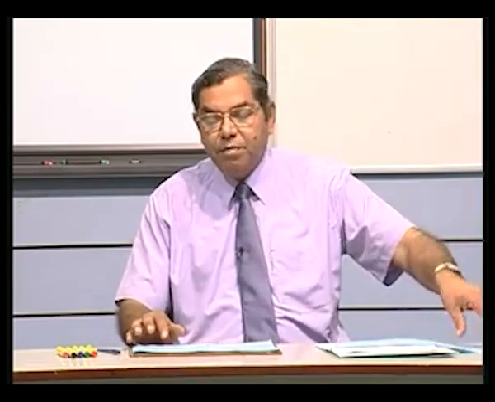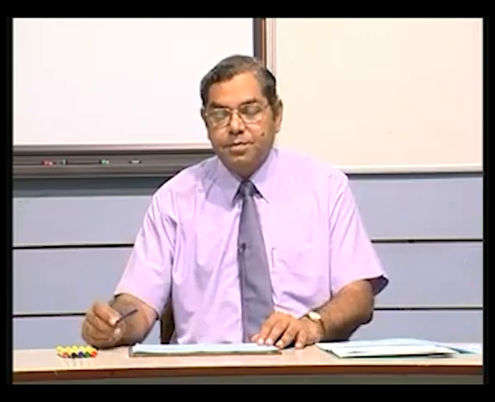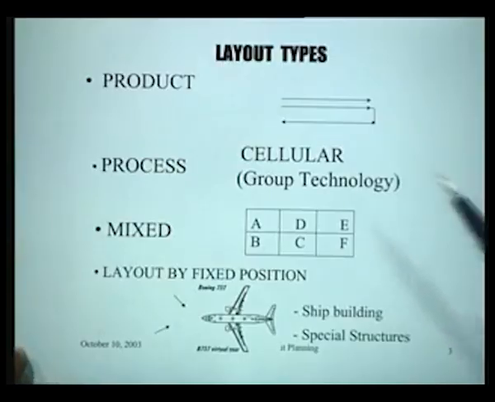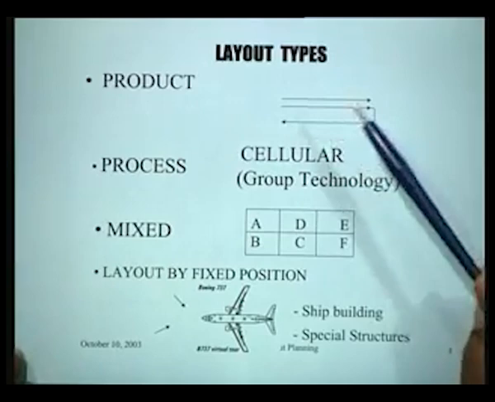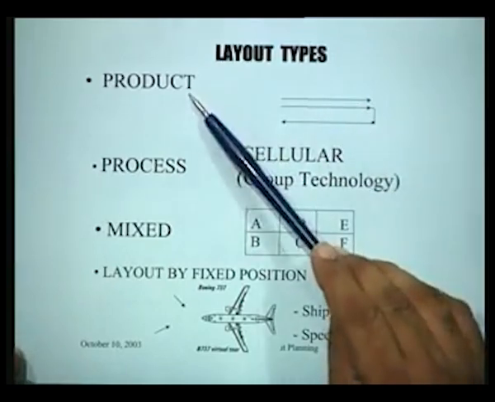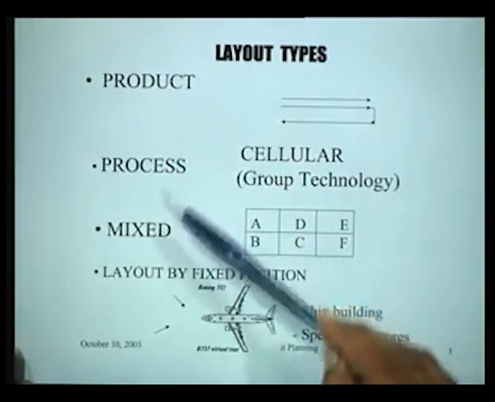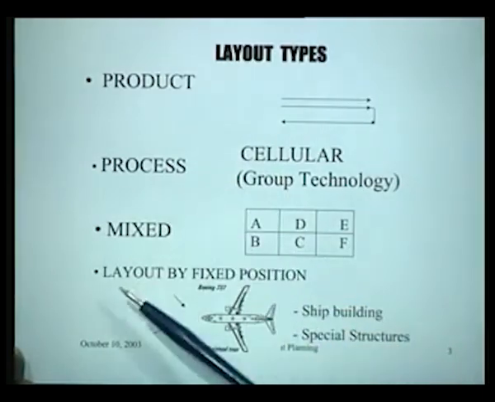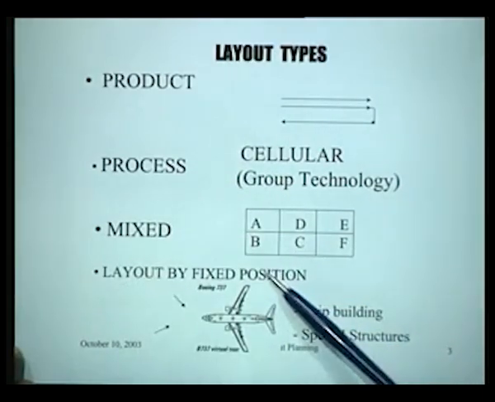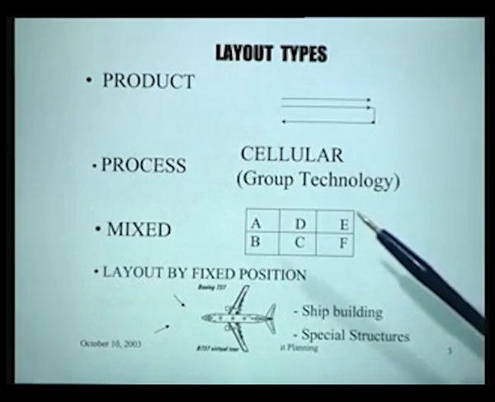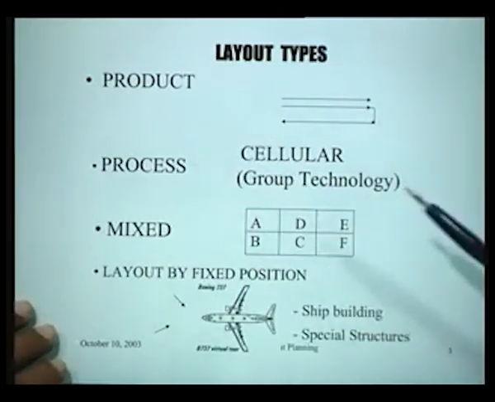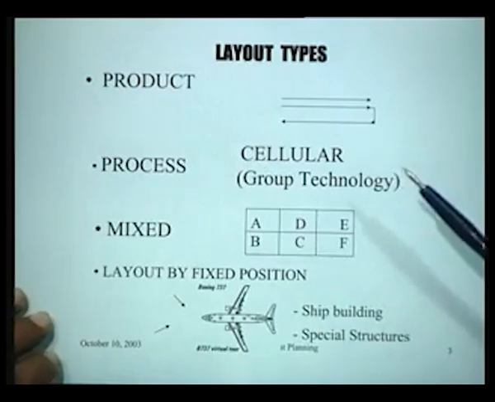Let us have a brief idea about different types of layout. Broadly speaking, we can talk about a product layout, a process layout, or a mixture of these two, which is called a mixed layout, or a layout by fixed position. Let us see, for instance, as to what are the features of each of these different types of layouts.